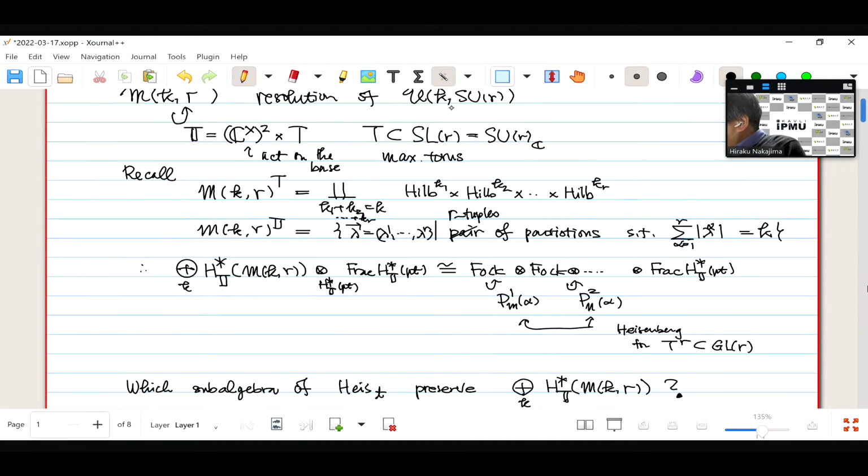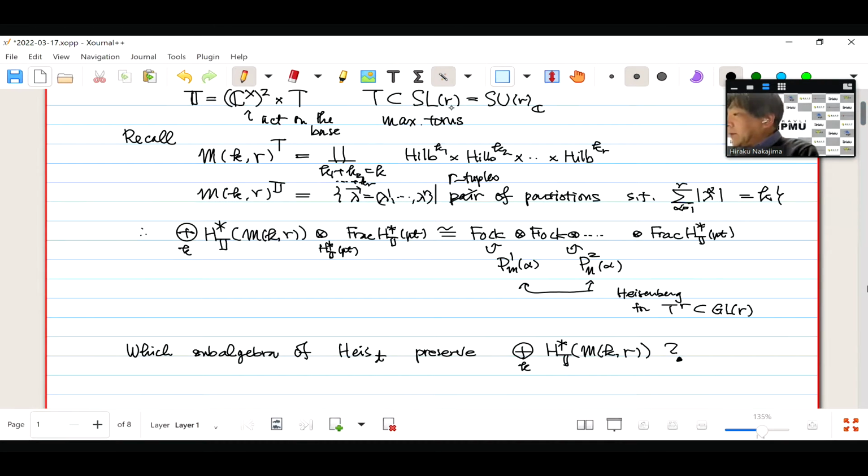But this Heisenberg algebra acts only on the equivariant homology of the fixed point set, which is not isomorphic to the equivariant homology of the whole space if we don't tensor with this fraction field.